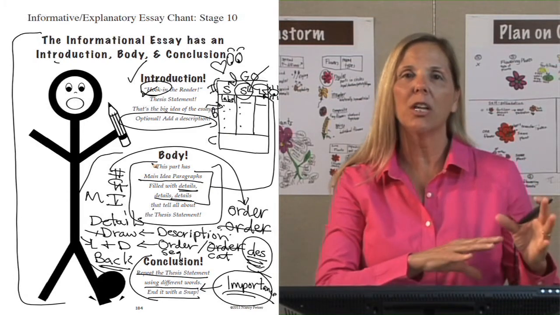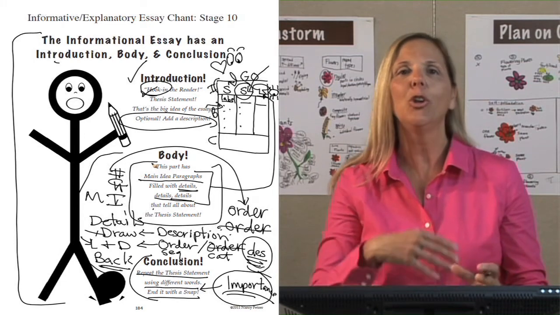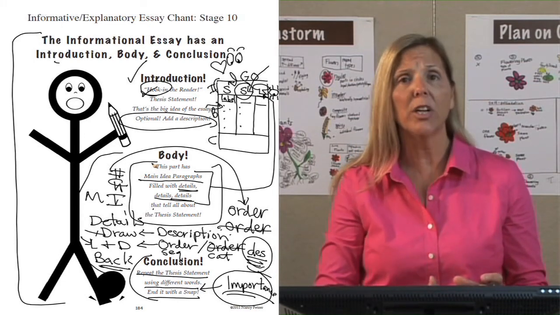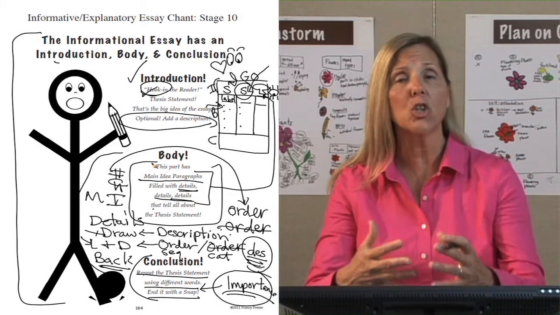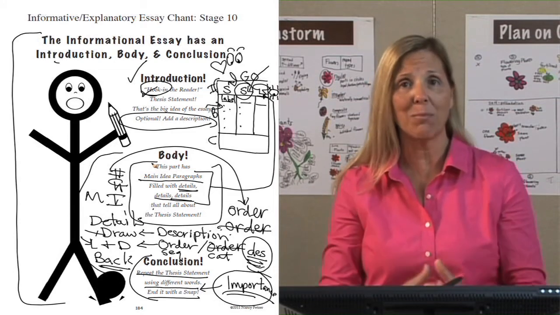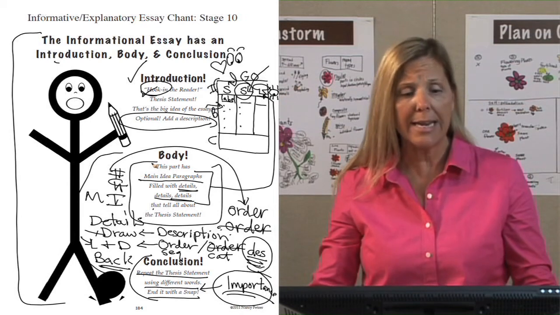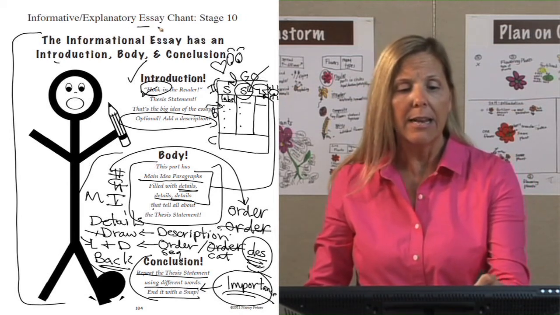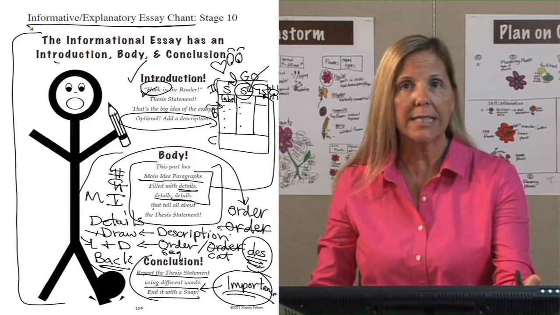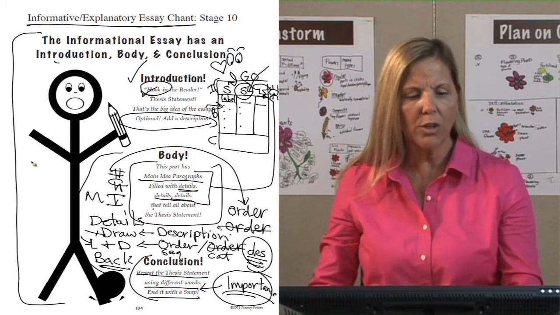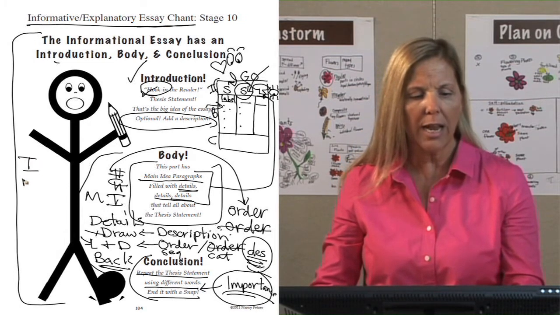And if you have gone through all my stages of writing, you will see how this is really the culminating stage where we are taking all the skills and putting them together. One last point that I need to make is this is an informative explanatory essay, but when we learned about information, I used the word idea.